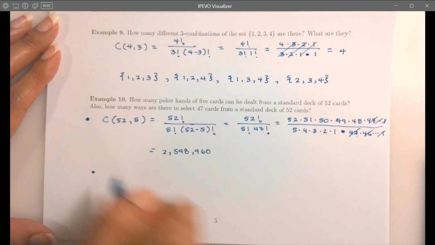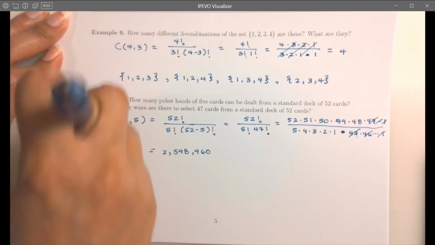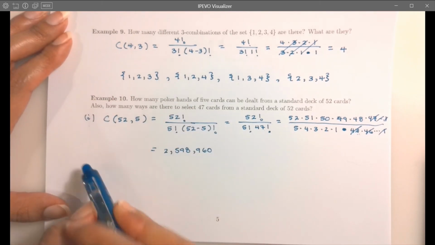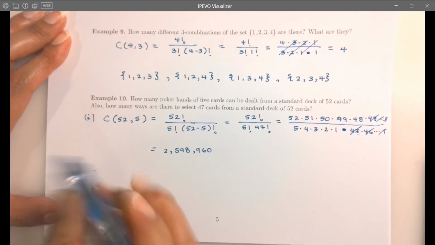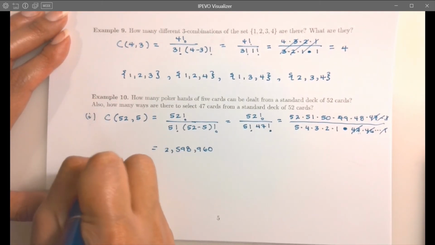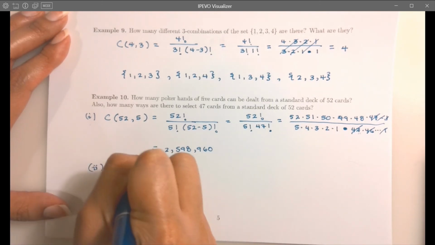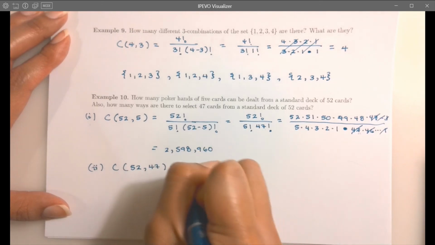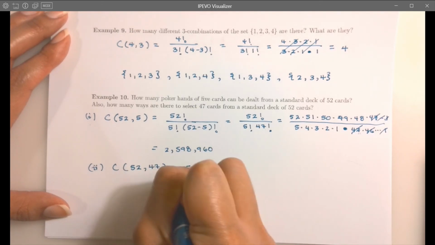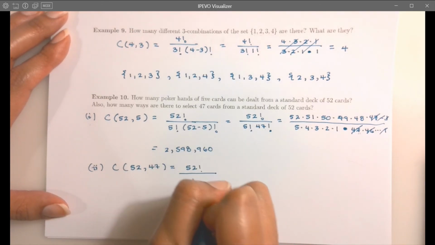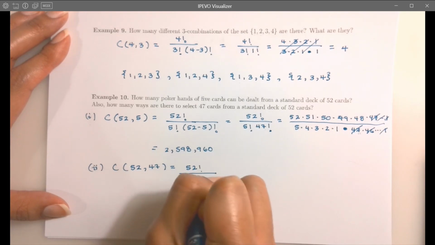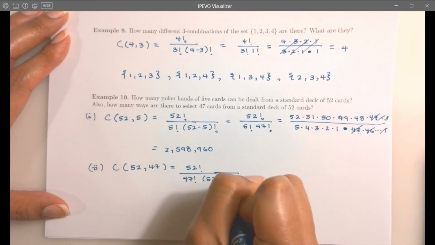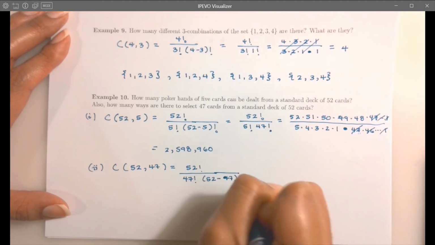The second part, I guess I'll label it 1 and 2, is asking how many different ways there are to deal 47 out of the 52 cards. So that would be 52 choose 47, and that means that we have 52 factorial divided by 47 factorial times 52 minus 47 factorial.